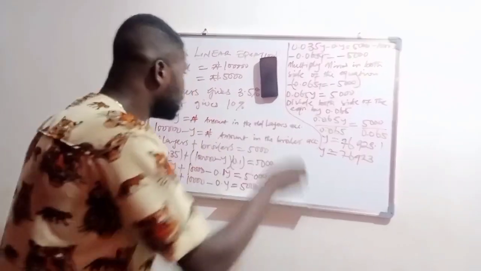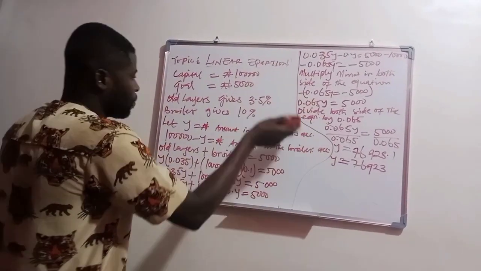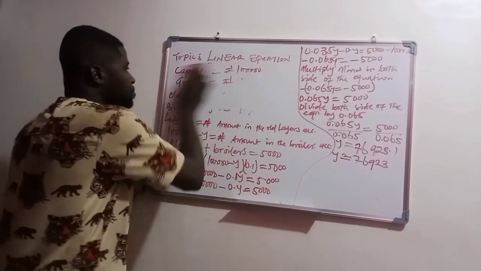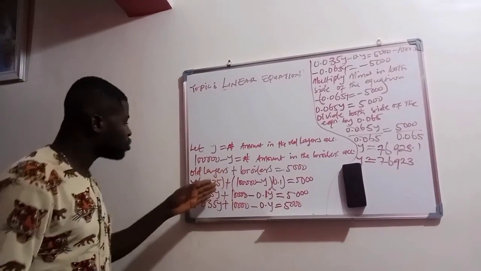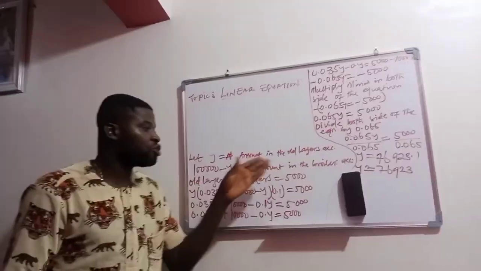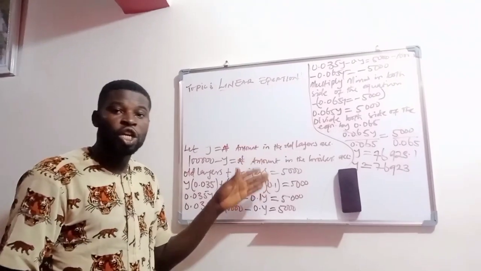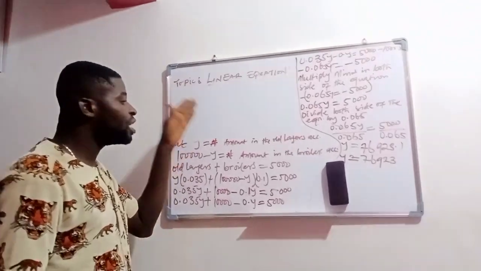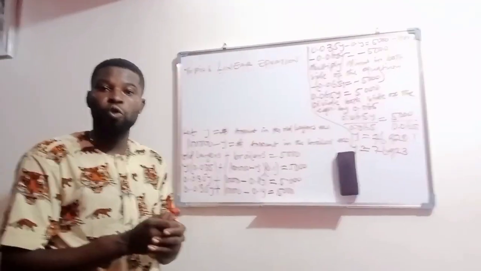Now, how do we do that? Know that the amount of money that should be in the broilers account is the totality of 100,000 minus the amount of money in layers.